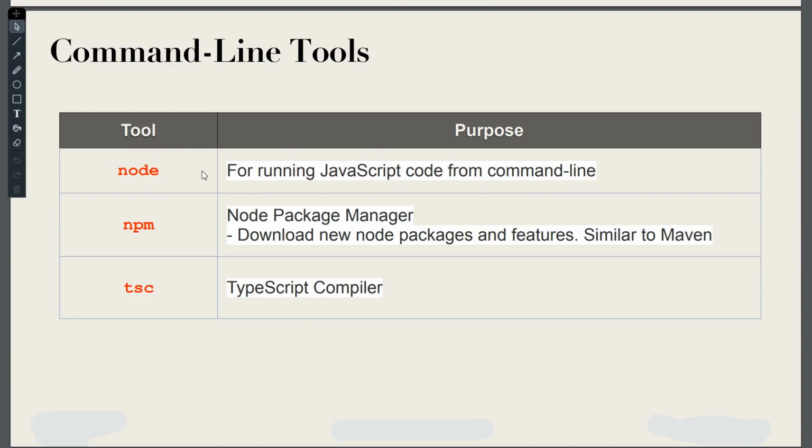Firstly, you can download Node.js on your Windows system. After downloading node, you can download the npm package. npm stands for Node Package Manager. You can download npm to your system to download new node packages and features, similar to Maven. Like Maven, when you use Spring Boot with Java, we use Maven.